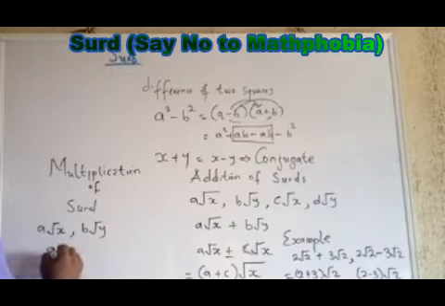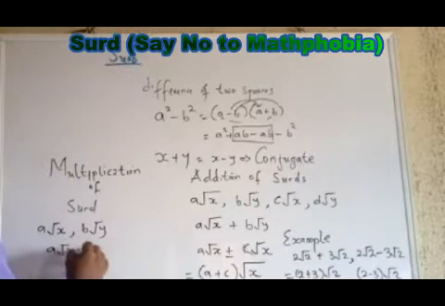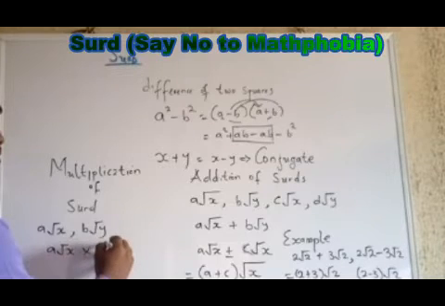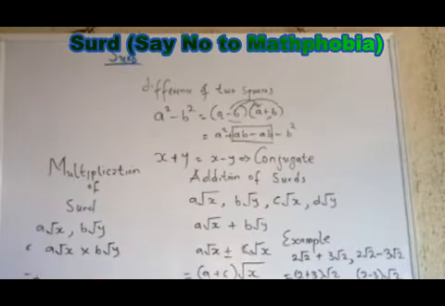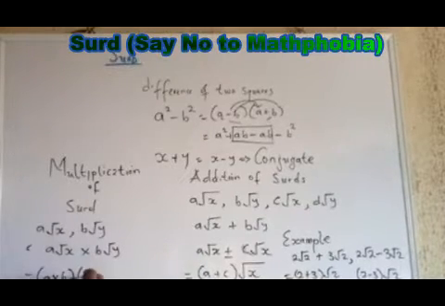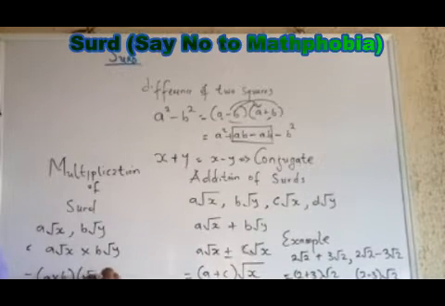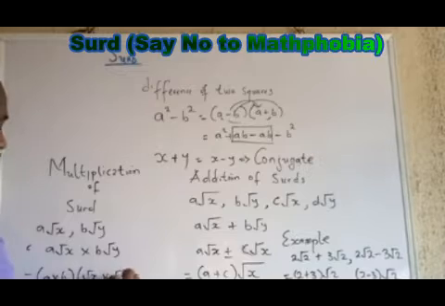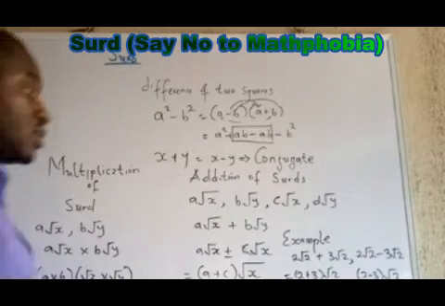You will now have a root x multiplied by b root y. You have a multiplied by b, then you have root x multiplied by root y. Very simple. Example.